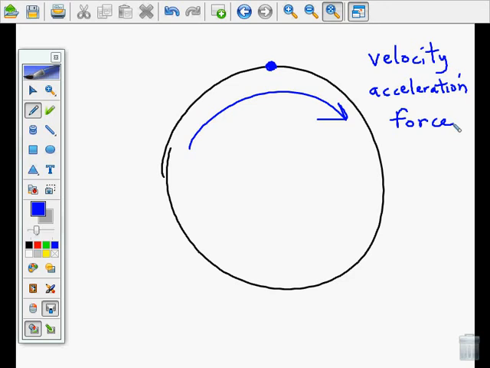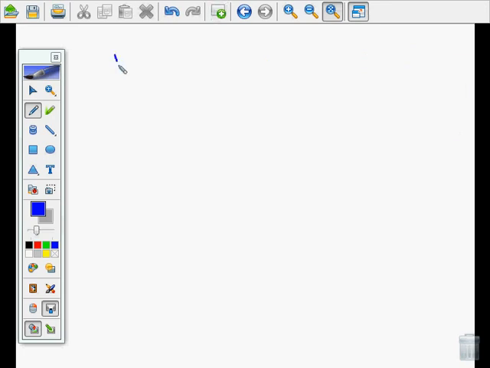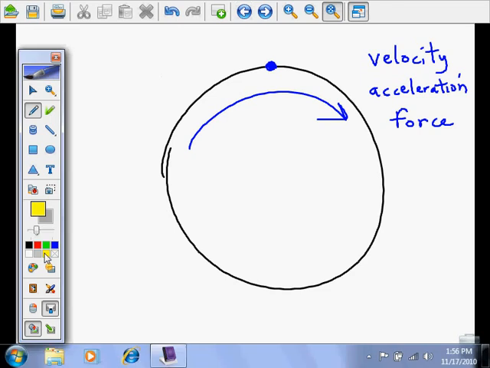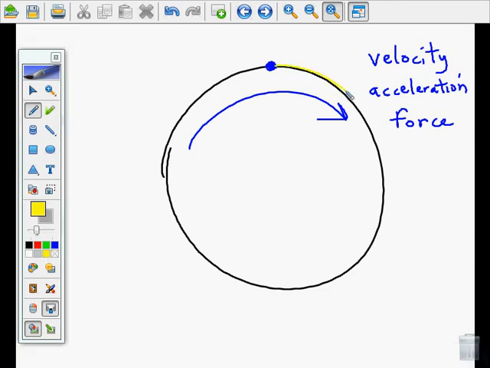If we want to measure the object's velocity, we know that velocity is equal to distance over time. So I could just easily calculate how fast it's going by marking out a certain distance, say from here to here.